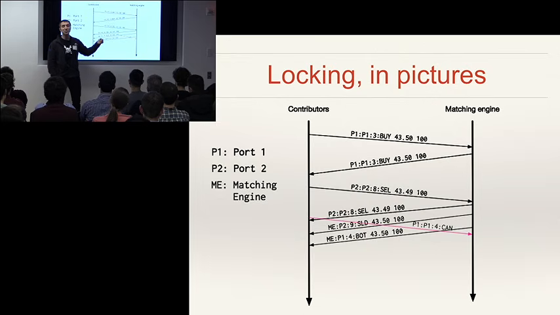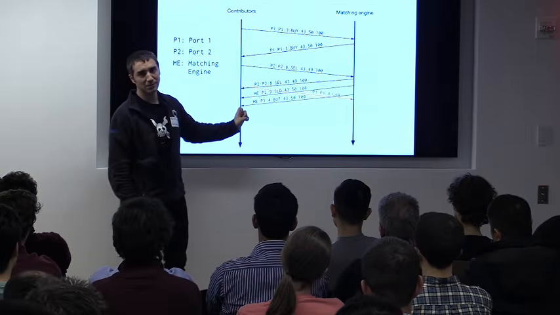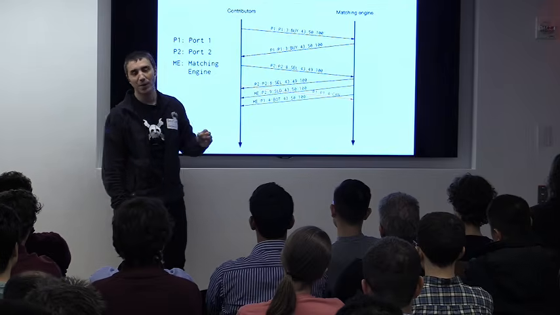So what does the matching engine do? Nothing. He doesn't reject it. He doesn't nack it. He just drops it on the ground because he knows that all these messages are reliable and this guy is going to eventually see that 4 happened. When he does, he says, oh, great, I was waiting for 4, but unfortunately, it wasn't my 4. He knows that because the publisher ID doesn't match, it was not the one that he sent.